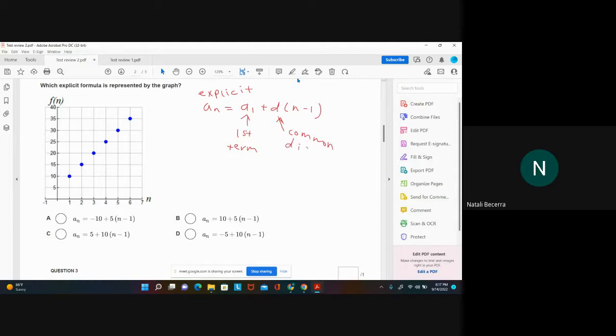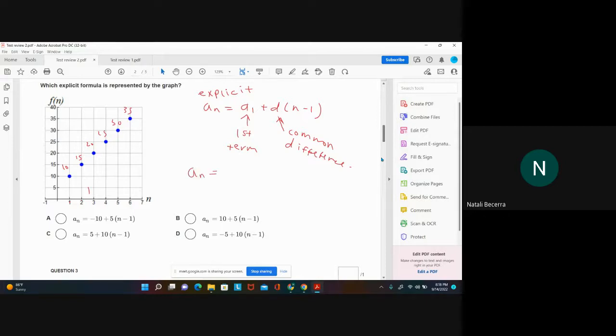Common difference is the number you keep adding every time. So here, my first term is 10. My second term is 15. My third term is 20. Fourth term is 25. Fifth term is 30. Sixth term is 35. So this is increasing by 5, right? So that's my common difference right there.